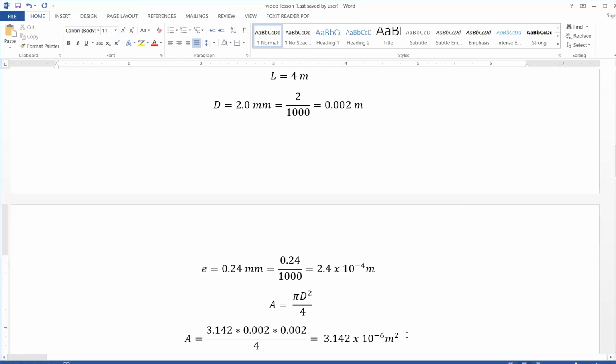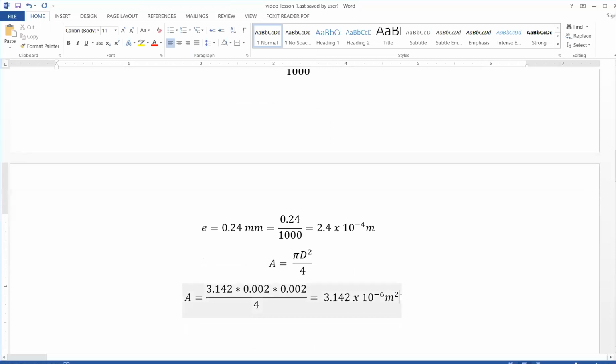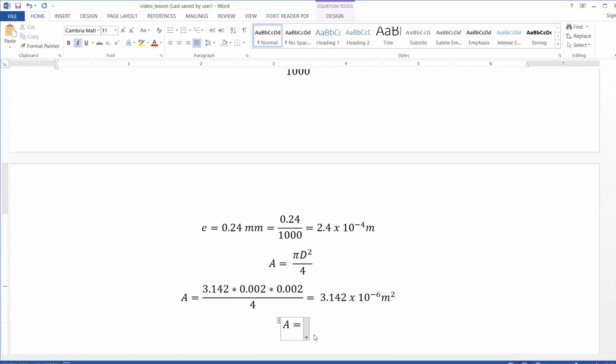So that is the area. After calculating the area, now we can calculate the stress. So we know that stress, either compressive or tensile stress, is force per area.